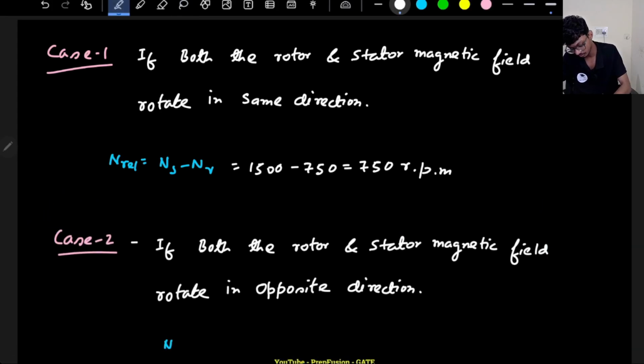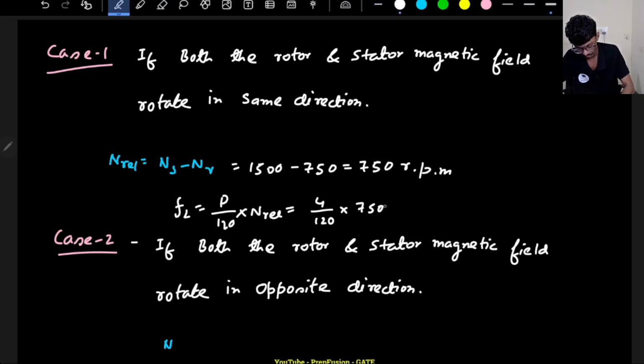What is the frequency of the induced EMF in the rotor terminals? F2 will be P by 120 into N relative. So P is 4, divided by 120, into N relative, which is 750. So it is 4 by 120 times 750, which gives 25 hertz.